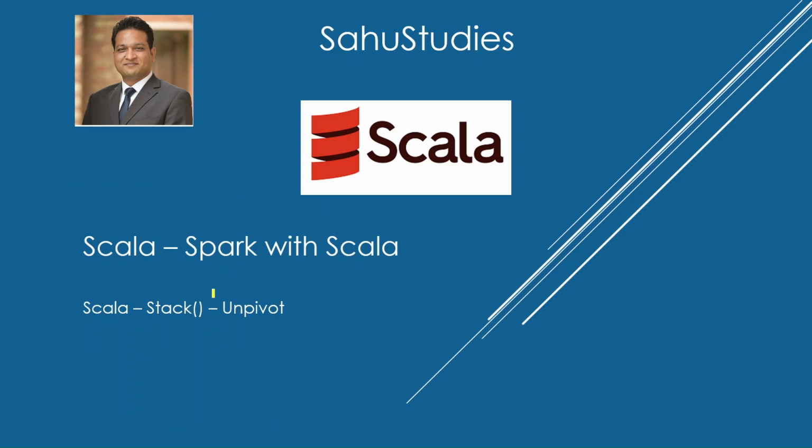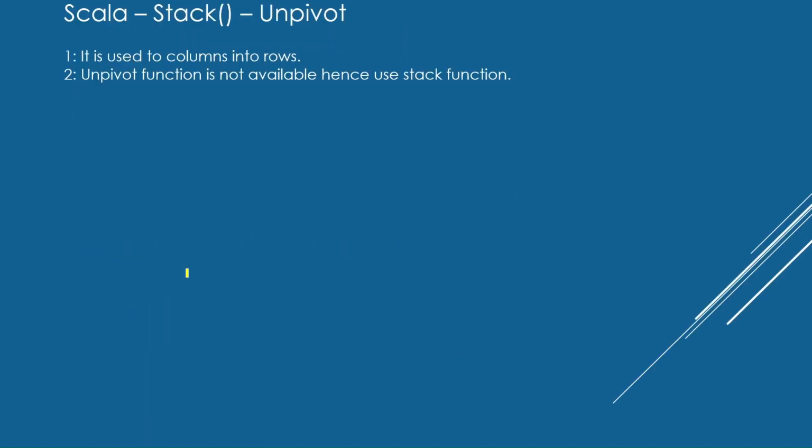In this video, we are going to see how we can unpivot with the help of a stack function in Scala. So, what is the stack function? One thing I would like to say here: the unpivot function is not available in Spark.